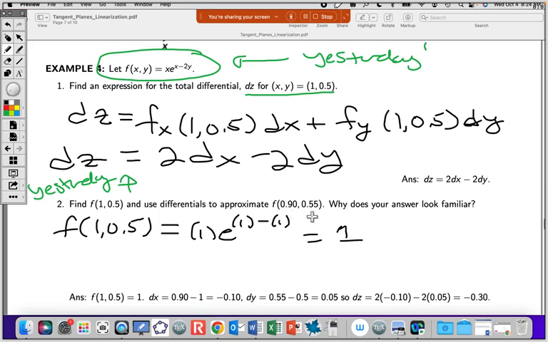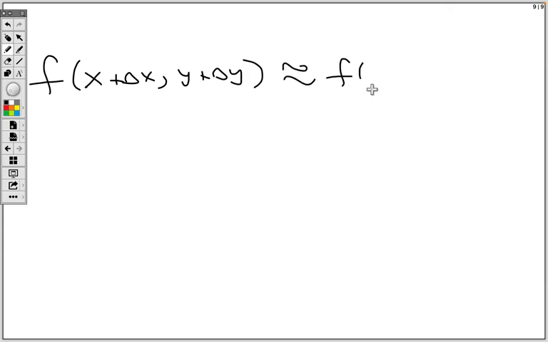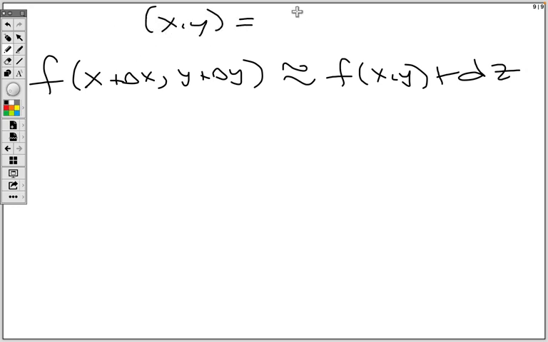Use differentials to approximate f of 0.9 comma 0.55. So we want to use the approximation here, f of x plus delta x, y plus delta y, is approximately equal to f of xy plus dz. So the xy that we know about is 1 comma 0.5.